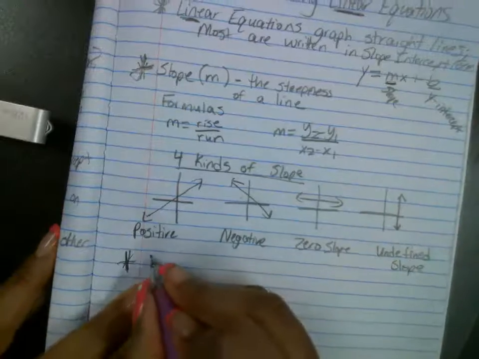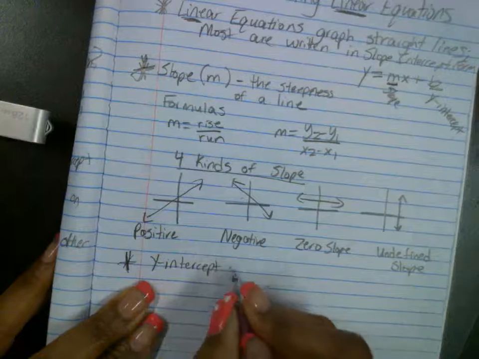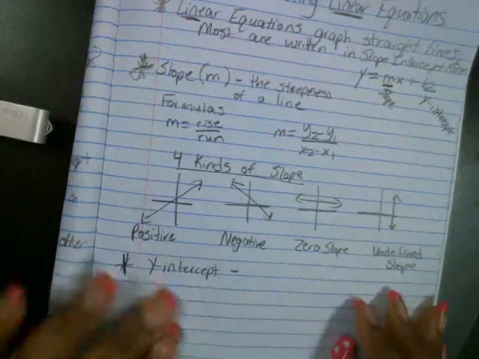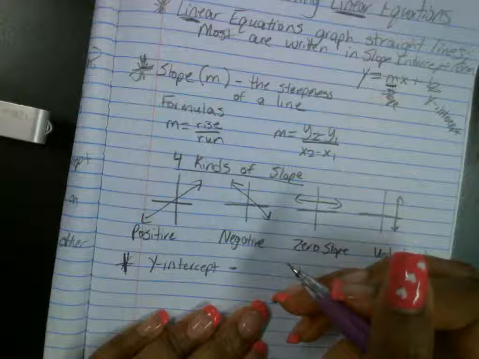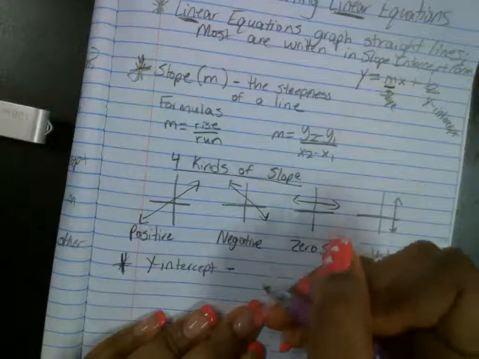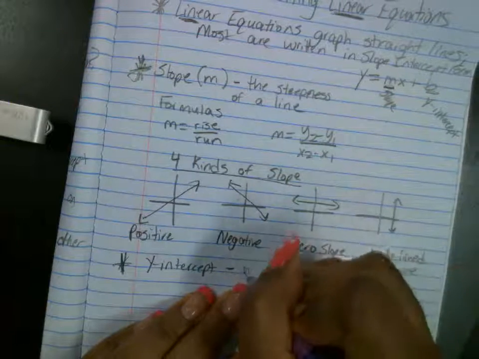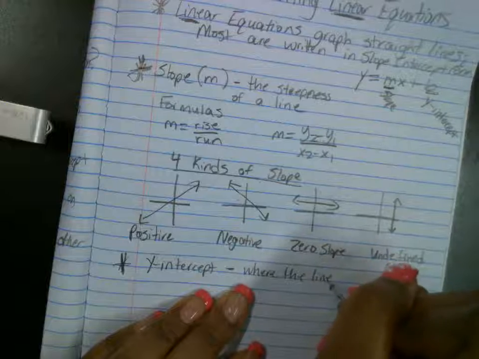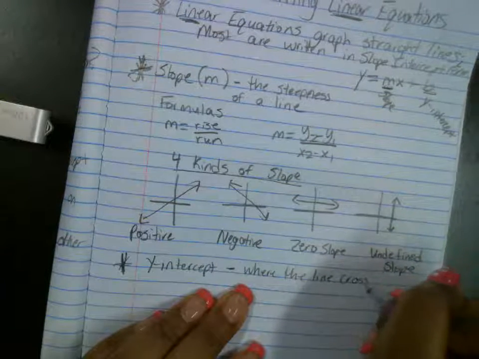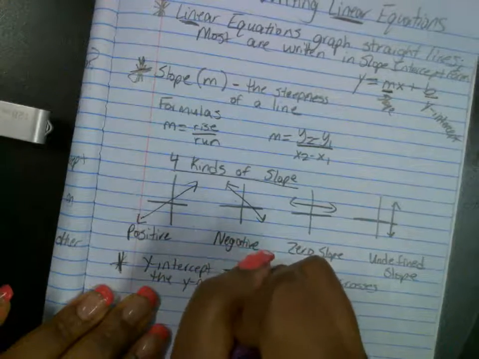B. Okay, so Y-intercept. The definition for Y-intercept is where the line crosses the Y-axis, okay?